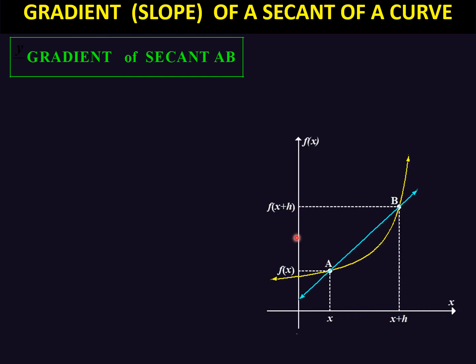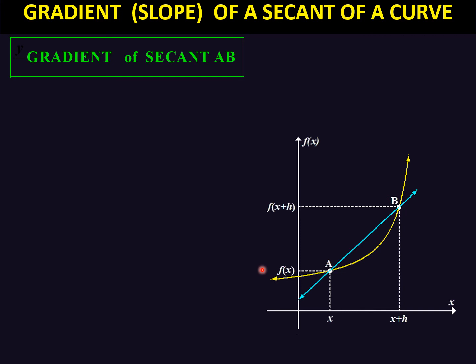So point A is (x, f(x)), and point B is (x plus h, f(x plus h)). This is xA and this is the xB coordinate; this is the yB and this is the yA coordinate.